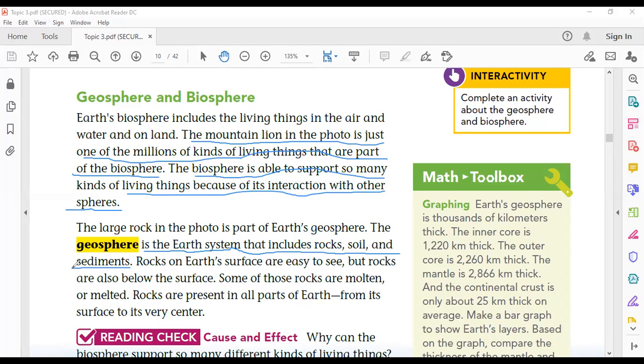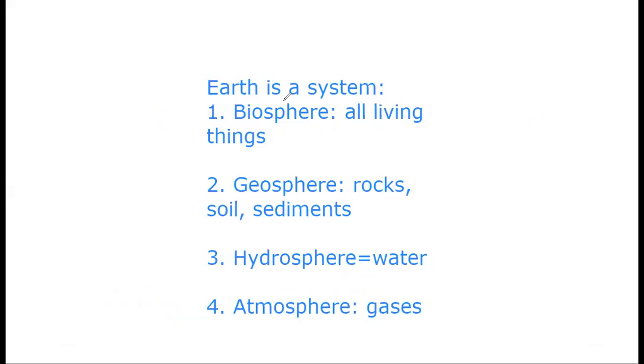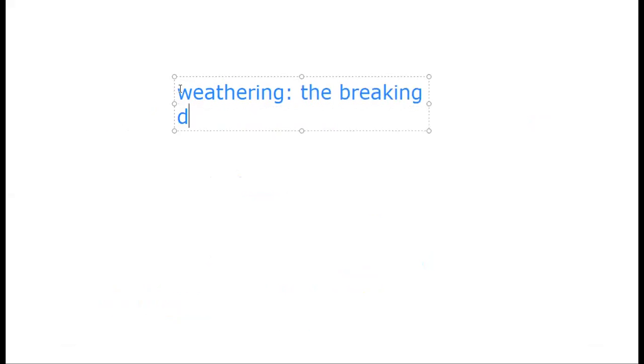Seeds are part of the plants. But do you remember weathering? Do you know what weathering is? The breaking down of rocks is called weathering.